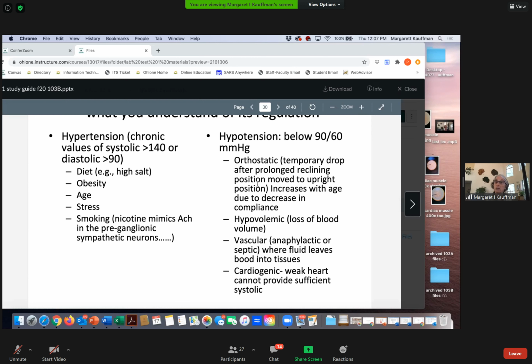When that patient goes to sit up or walk, their baroreceptors are keeping them at 110/80. They've reset, and that's not enough to get blood to your brain sufficiently, and they might get dizzy or faint.